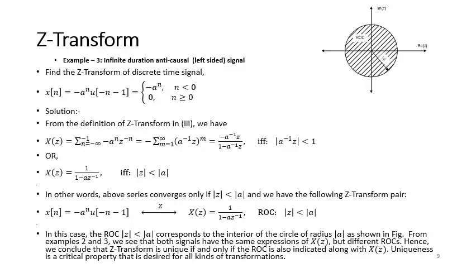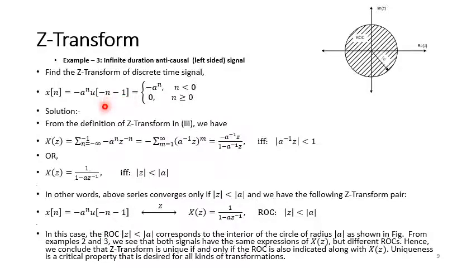So let's take another example. In this example, we have the value of x of n equal to minus a to the power n u of minus n minus 1, right? We also call the step function a switch. So the signal has its value when the switch is on.